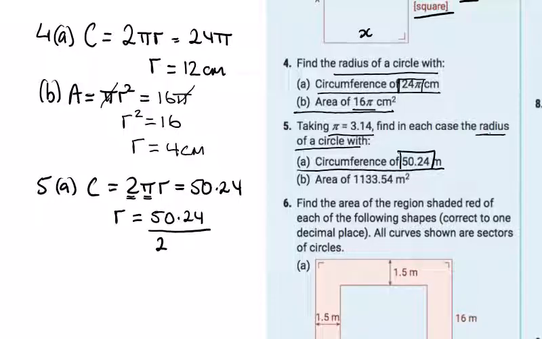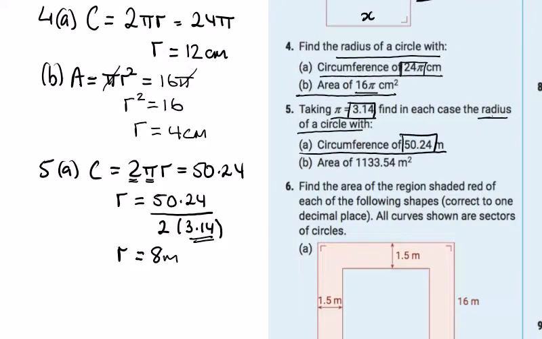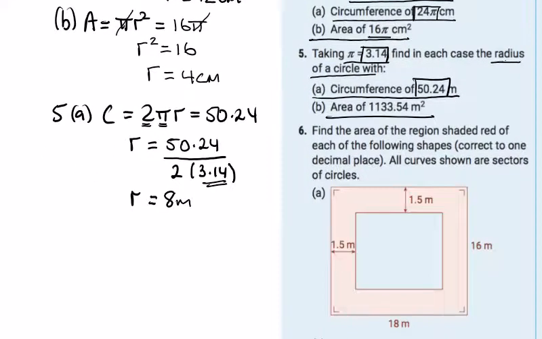You can use the pi symbol on your calculator, or you can put 3.14, which we're told to take, or 3.142 for more accuracy. 50.24 divided by 6.28 is going to give us exactly 8. And we were dealing in meters. That's why we were asked to round pi to 3.14, because it works to an exact number here in this case for A.